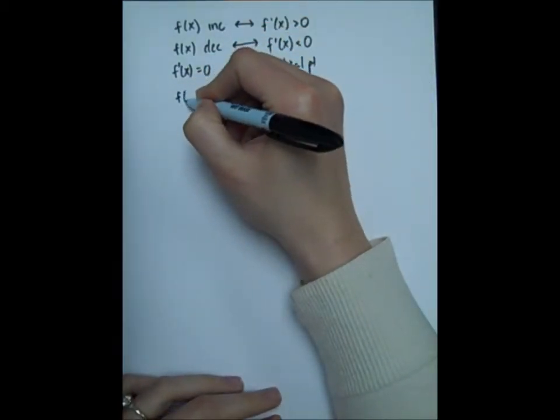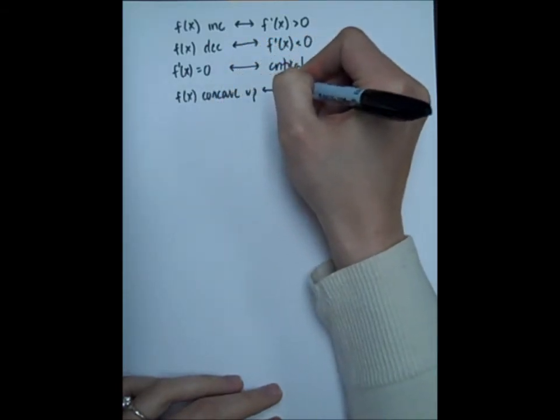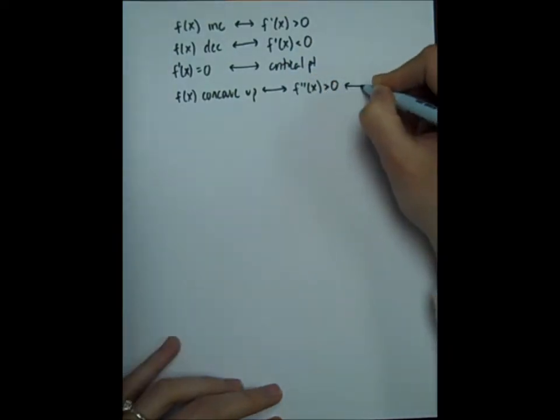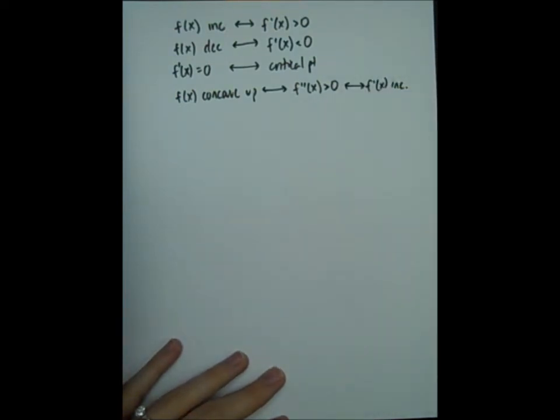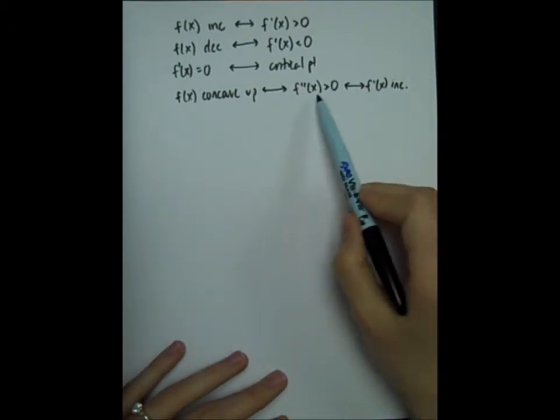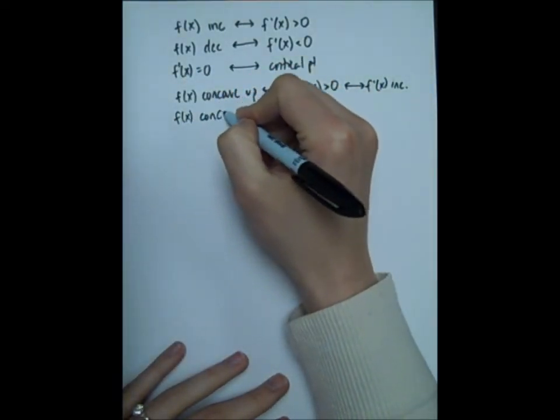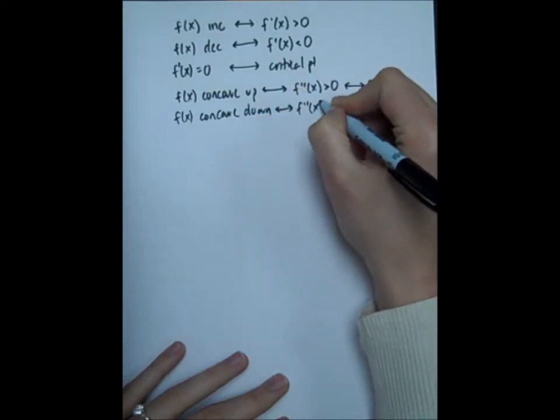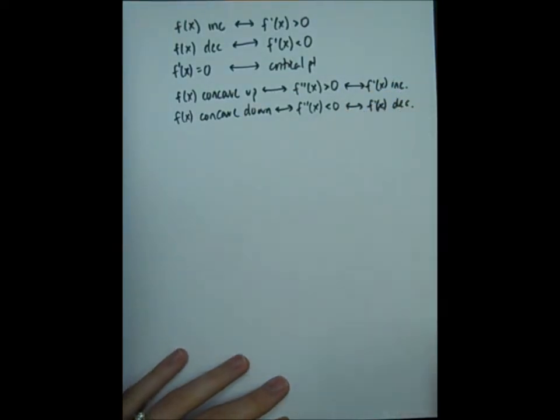What about f of x being concave up? Well, that means that f double prime is positive, which means that f prime is increasing. So increasing means the next derivative is positive, so that's why we have this correspondence here. We also have f of x is concave down when the second derivative is negative, which is the same as the first derivative decreasing.